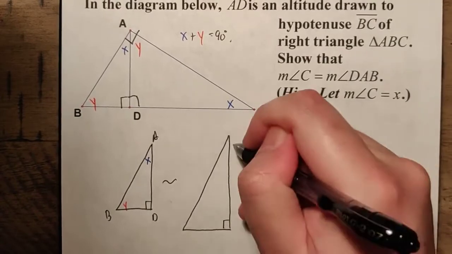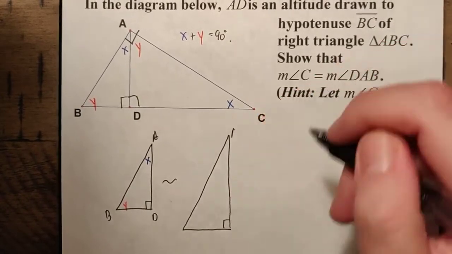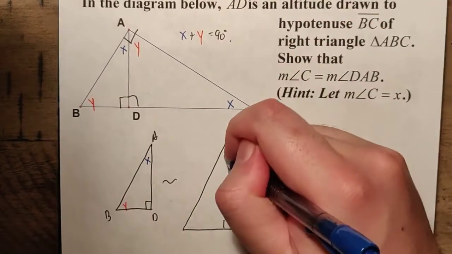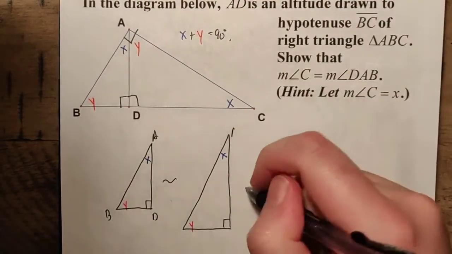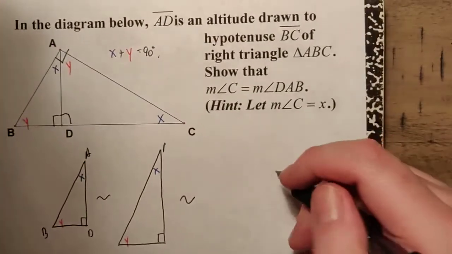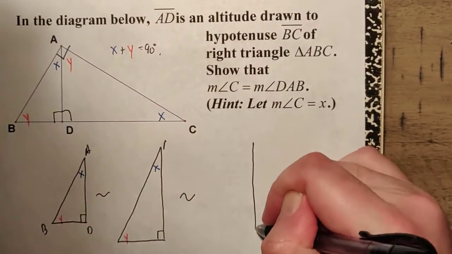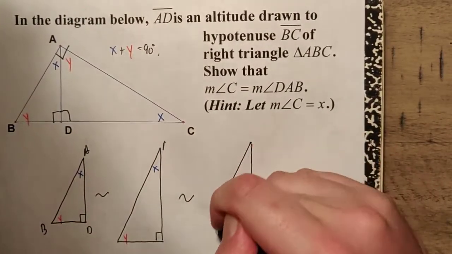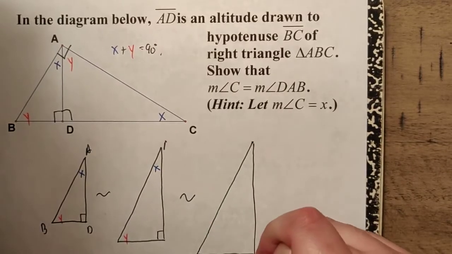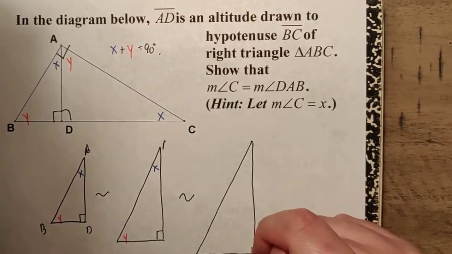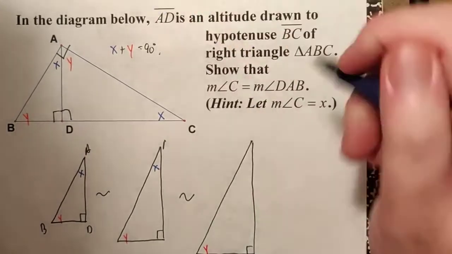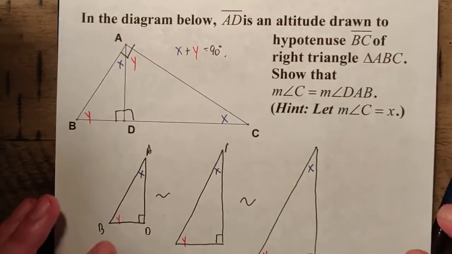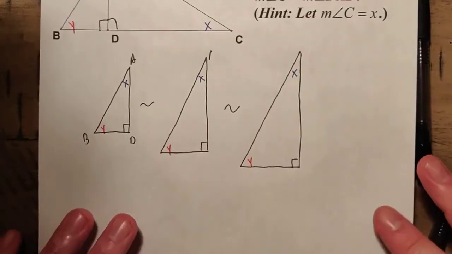There's a right angle here, a blue X and a red Y. Then we can do this one more time for the big triangle. And we have this yet again. Here's our red Y, here's our blue X. Okay, ladies and gentlemen, so now my triangles look something like this.